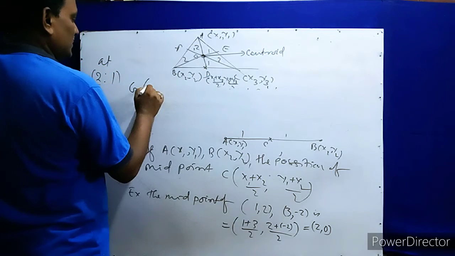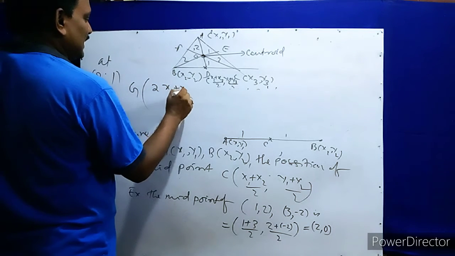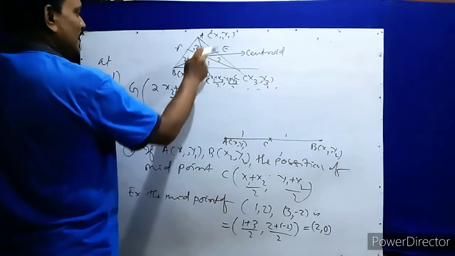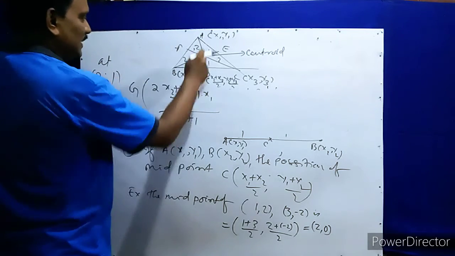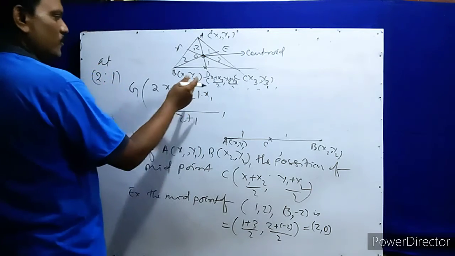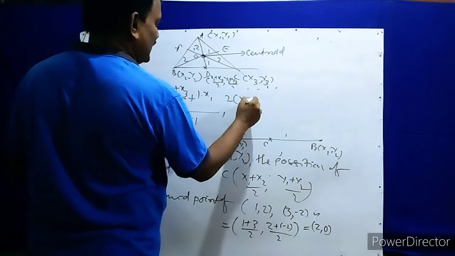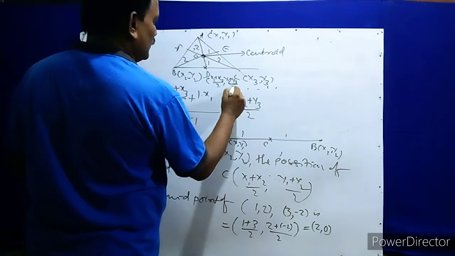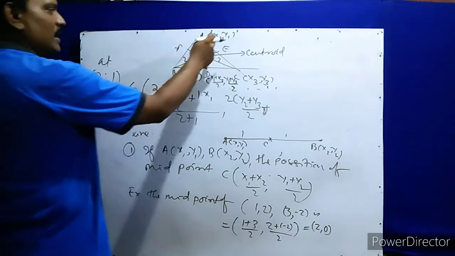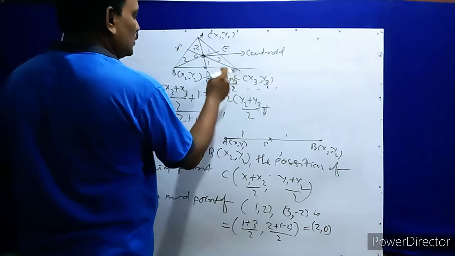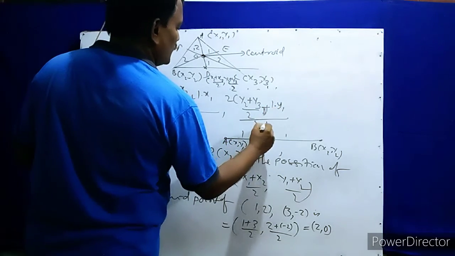So at 2:1 ratio, G is 2 into this point, that is x2 plus x3 by 2, plus 1 into x1, by 2 plus 1. The ratio is 2 plus 1. For the y value also, 2 into y2 plus y3 by 2 plus 1 into y1, by 2 plus 1.